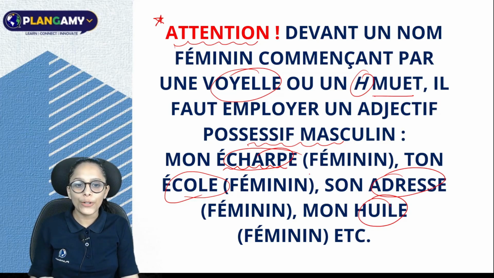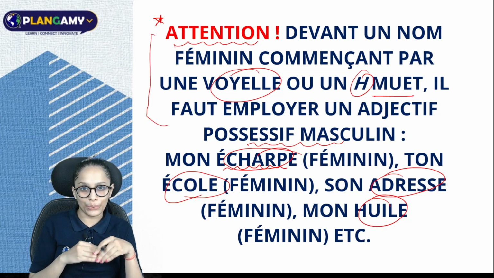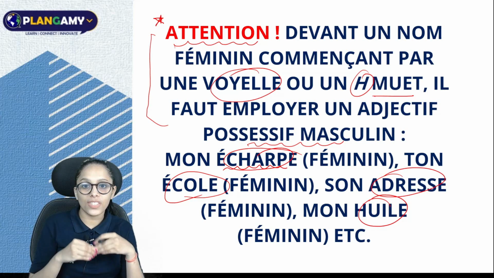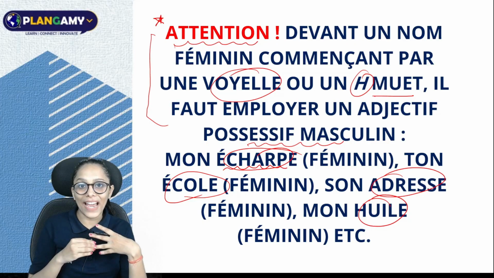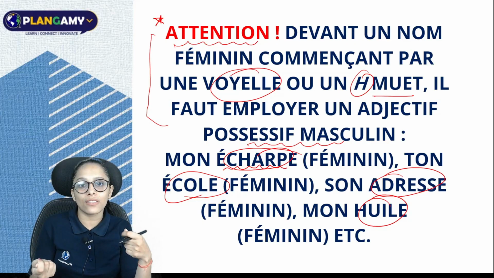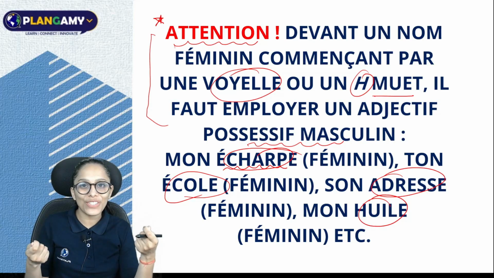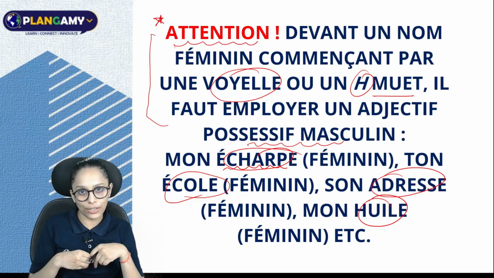I hope that this little sentence written in French is a bit clear to you, which says, if some of the feminine nouns begin with vowel or H mute, at that time you are obliged to use adjective possessive masculine.